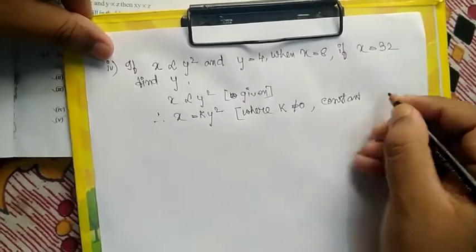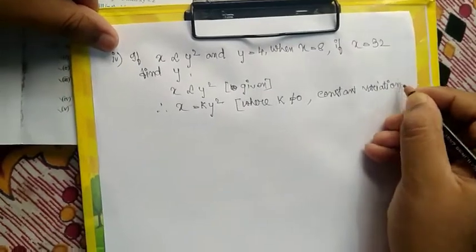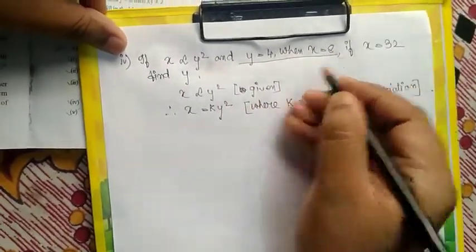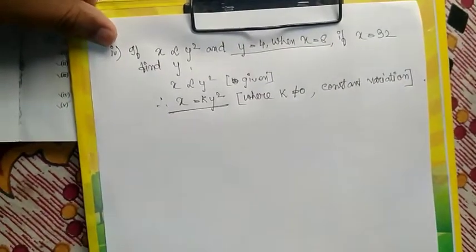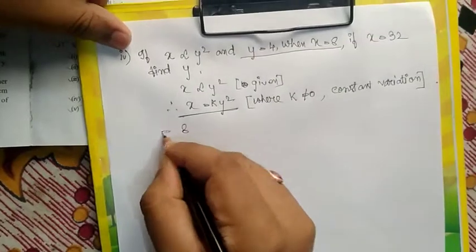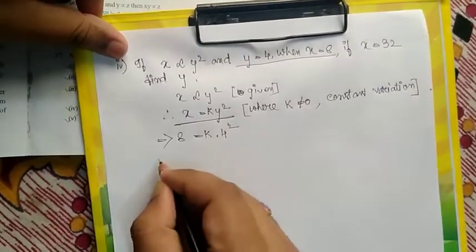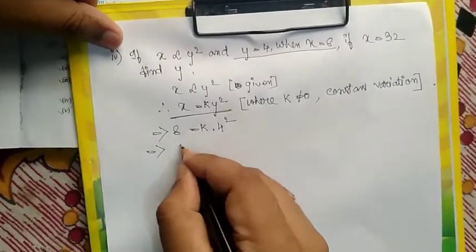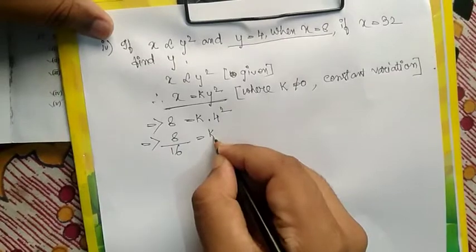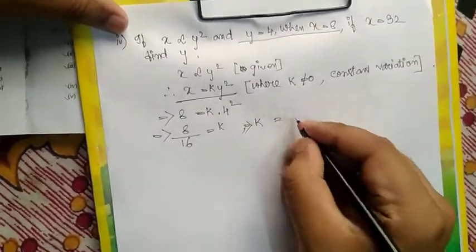So now we have to find the value of k, so therefore we have to put those values y equal to 4 and x equal to 8 in these equations. So therefore 8 equal to k into 4 square. So therefore 8 by 4 square means 16, k equal to half.